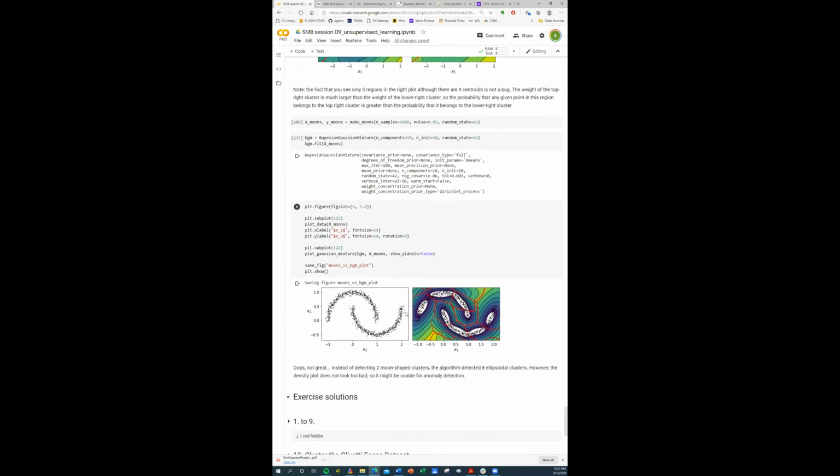So we have our moons, and using 10 and 10, we have these kind of sausagey appearing things that don't necessarily fit the data great. And then there are a bunch of decision boundaries suggesting that there are more clusters. And he's stating that we have 8 ellipsoidal clusters.